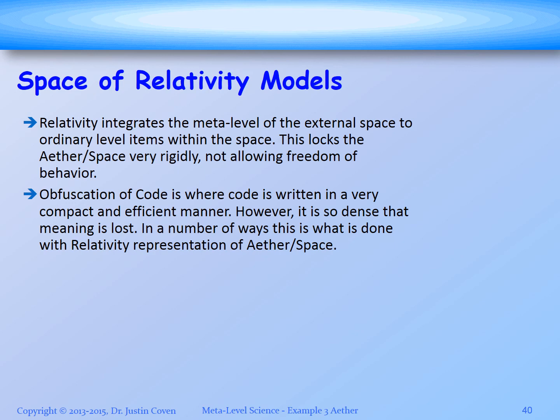In a number of ways, this is what is done with the relativity representation of ether/space. For there was a great favoring of relativity because it simplified the equations or the representations. You didn't have to talk about additional elements such as ether. So in some ways, this is an equivalency mapping of obfuscation.